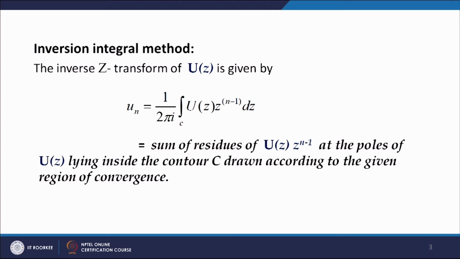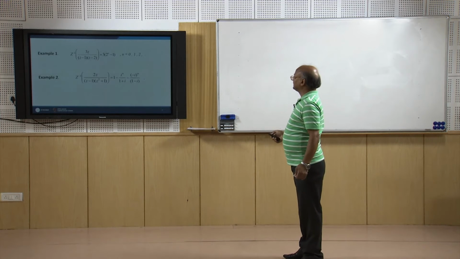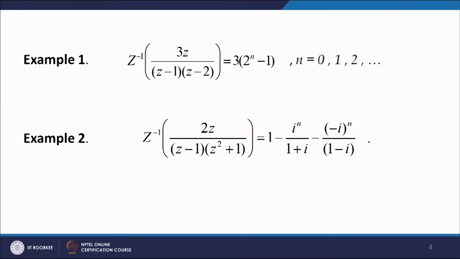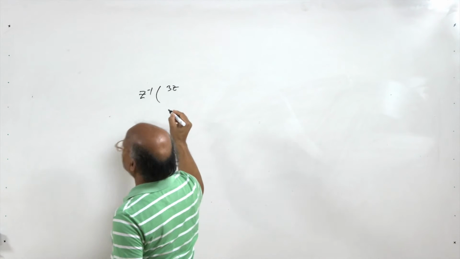So, let us look at this method. Suppose we want to determine the inverse Z transform of 3z over (z minus 1)(z minus 2). So, Z inverse of 3z over (z minus 1)(z minus 2).